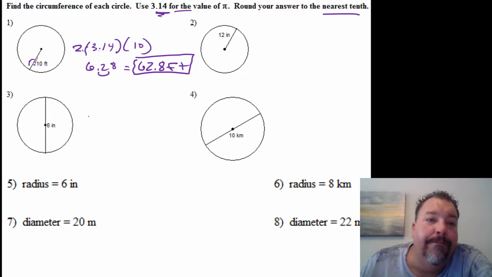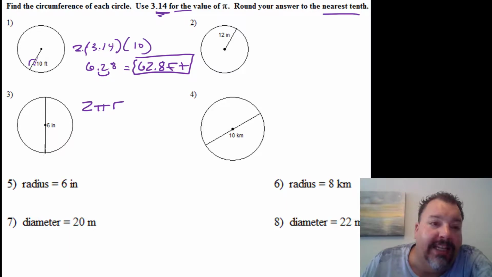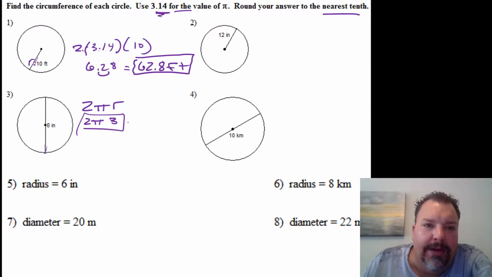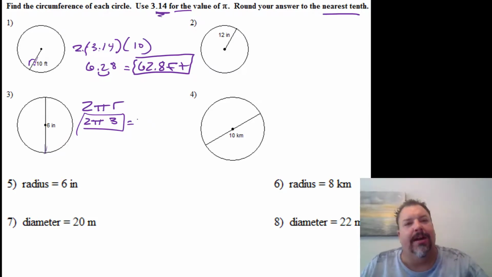For number 3, again, we're going to do 2 times pi times r. Now here we're given the diameter, so the radius would be 3. Notice we could just do pi times diameter too, but again, I'm just saying we're using one formula. The radius here is 3, 2 times pi times 3, and we're going to multiply that out to 6 times pi.